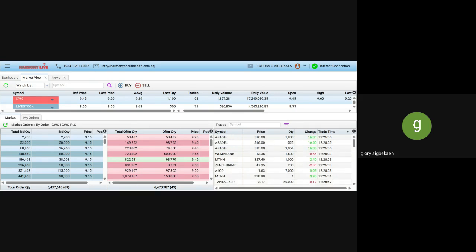There are just 1.2 million units that have been transacted this morning. If it was Wednesday, by this time you'd be seeing over 10 million units already sold or bought.